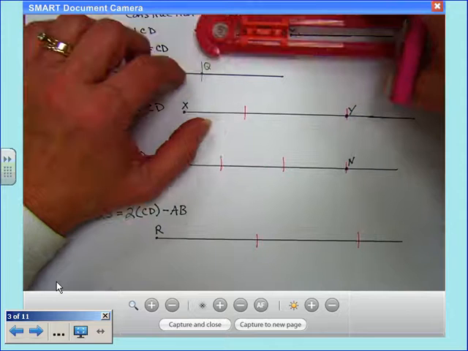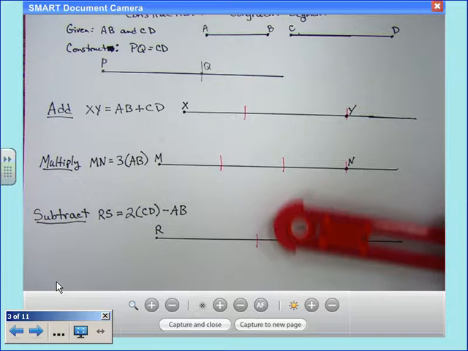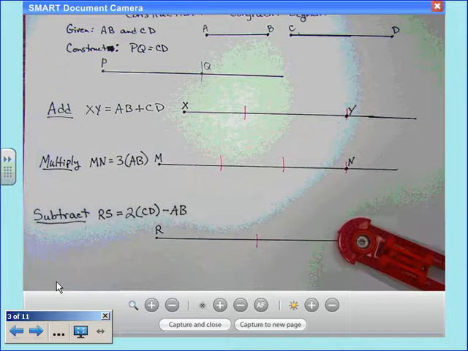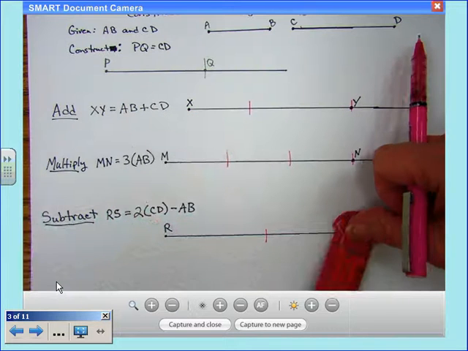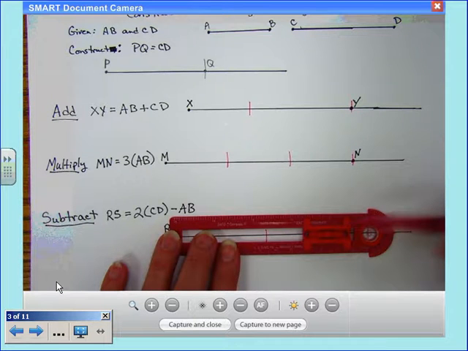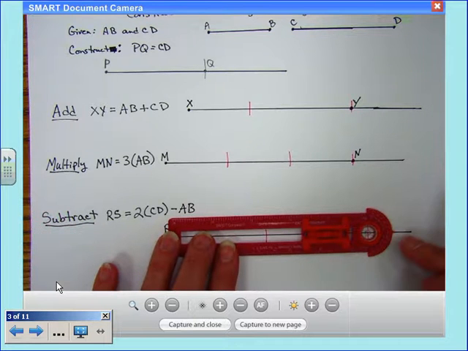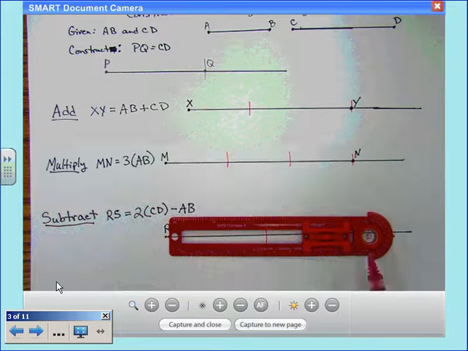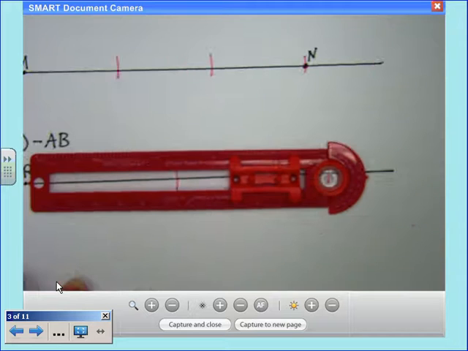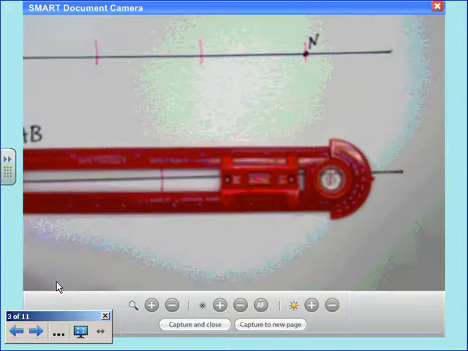Okay. I have the measurement from A to B, but I don't want to add it. I want to subtract it. So look, I'm going to turn my compass 180 degrees. So now I'm measuring in the opposite direction. Here's the end point. You can see it there. Maybe I need to focus in on this part. Okay.